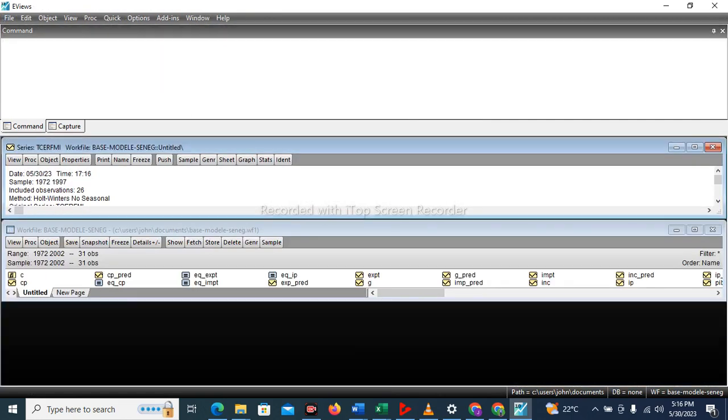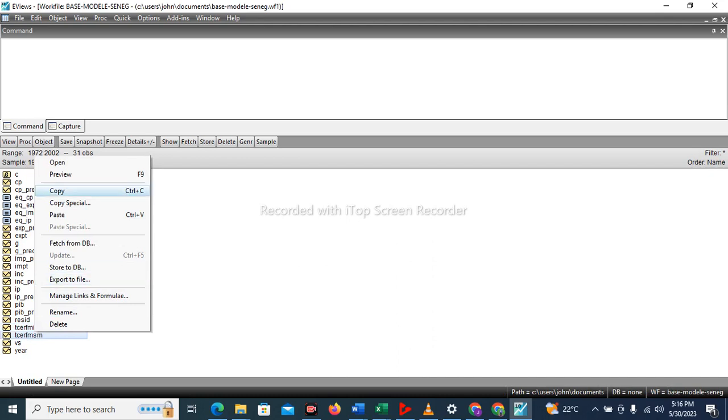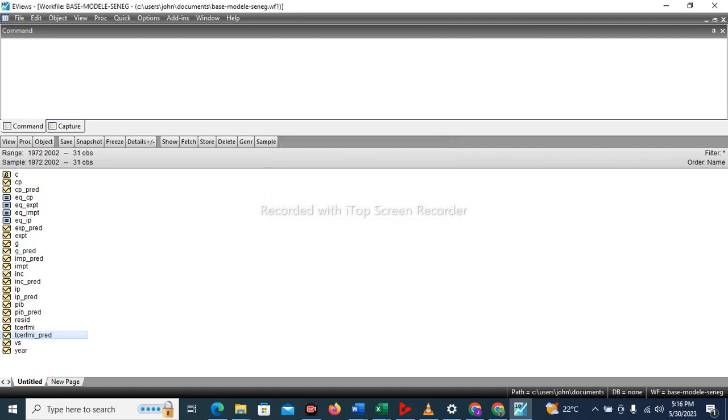Make sure you have it labeled correctly to avoid confusion. And of course, here it is. Then I rename it with the red suffix.